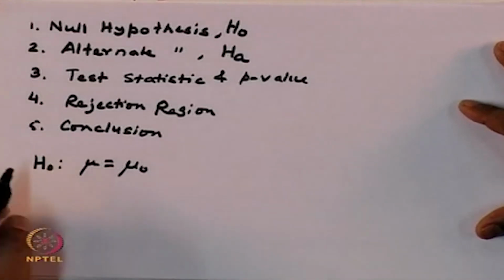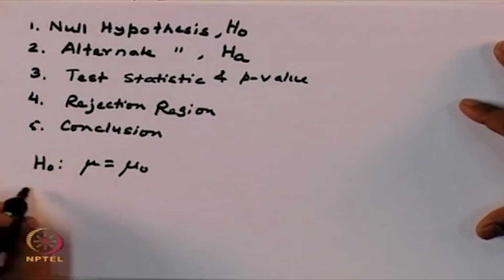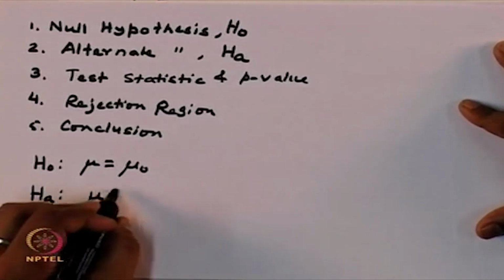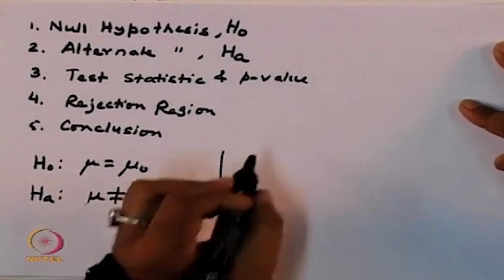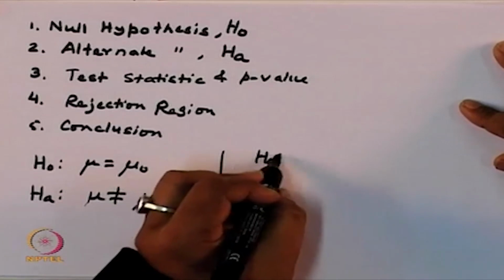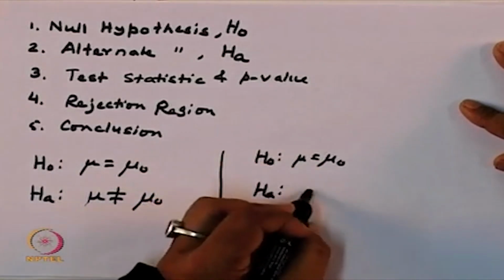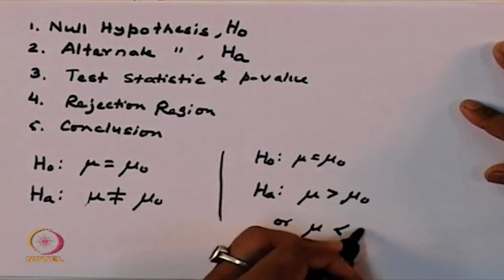So, in other words, what I am saying is that the productivity of this company is this. Okay. I can have an alternate hypothesis either in the form of mu not equal to mu naught, okay, or in another situation you can have H naught as mu is equal to mu naught and H A as mu either greater than mu naught or mu less than mu naught.